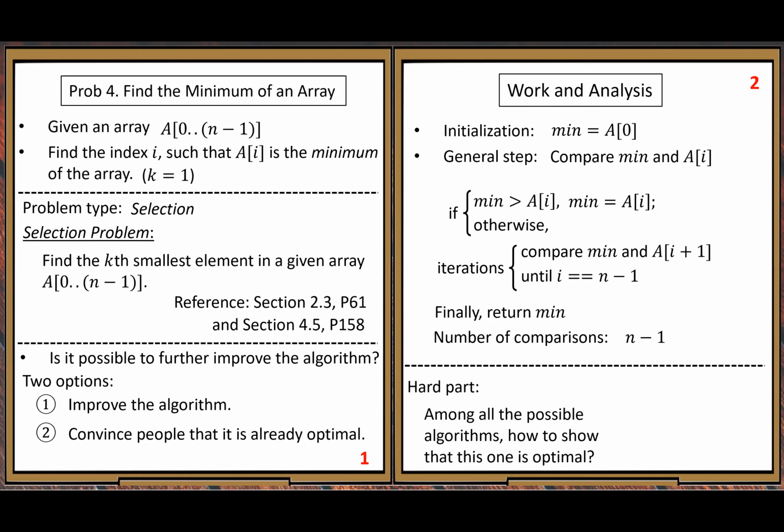Now, so that is hard. How can you consider all the possible algorithms solving this problem? We don't know how many different algorithms in the world can be used to solve this problem. Nobody knows that. So that's the hard part.